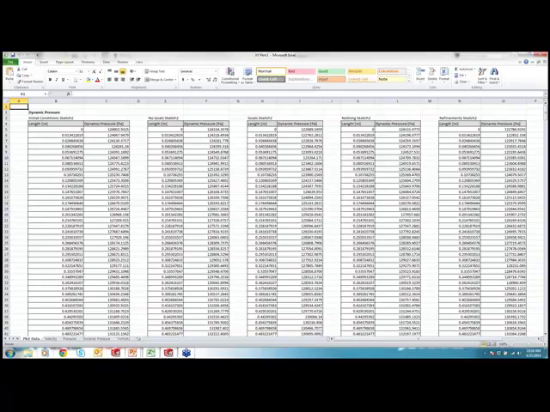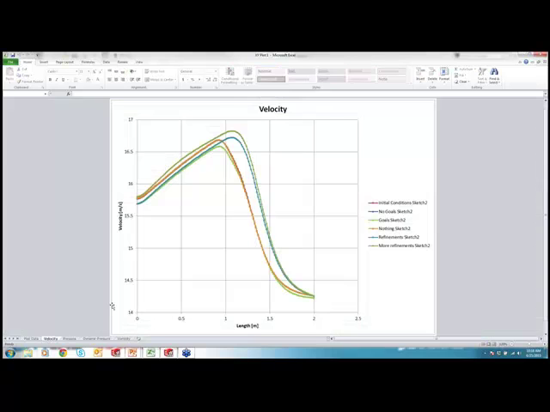And so here we've got velocity, for example, and we're looking at what the velocity profile is compared to which one of the studies performed it. If you'll notice, the initial conditions, the one where we specified nothing, and the one where we had goals all follow a relatively similar curve, within a tenth of a meter per second of each other.